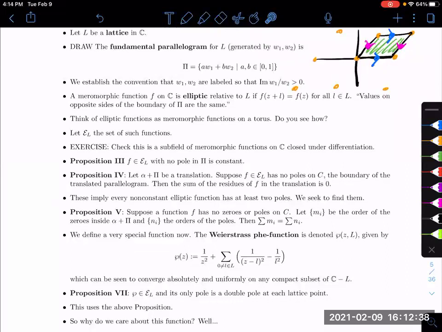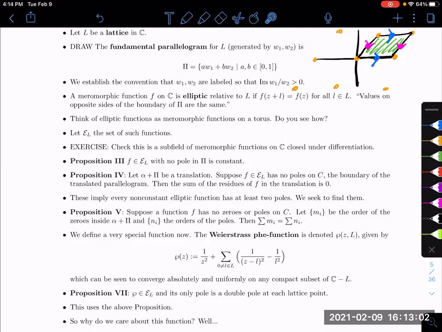So what should we want to do next? Well, if we're going to think of these as meromorphic functions on the torus, then what we should be after is the simplest meromorphic functions on the torus. And how would we quantify simplicity for meromorphic functions? Maybe like the number of poles or the order of the poles, something like that.